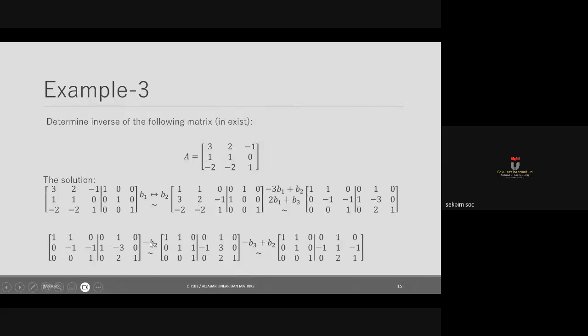So the next operation is you multiply row 2 by minus 1, such that in the second row, this is minus 1, right? So you will get 1, 1. This one is minus 1. This is from minus 3 to 3 because you multiply by minus. So 0 is 0. Okay.